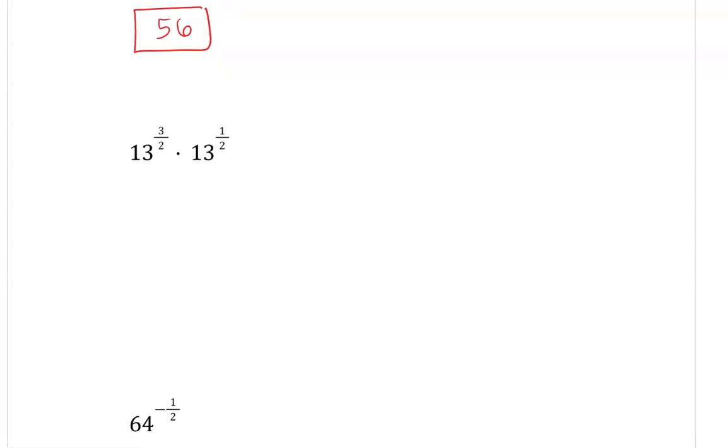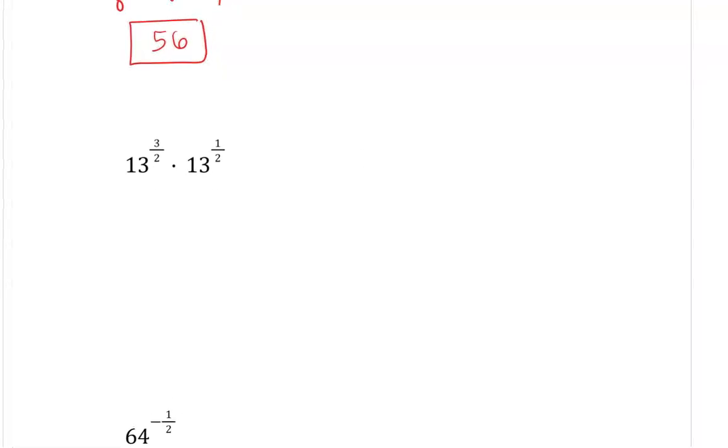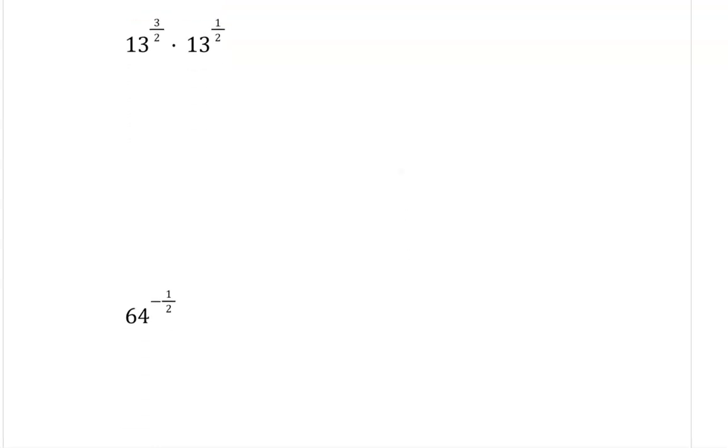Another thing we can do now that we understand that these are just exponents, and we can combine them with other exponent properties. So here you might notice that I have same bases, 13 and 13. So according to the multiplication property, I would add the powers. So this is telling me I have 3 halves factors of 13 times another half factor of 13.